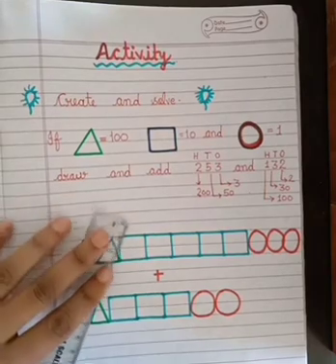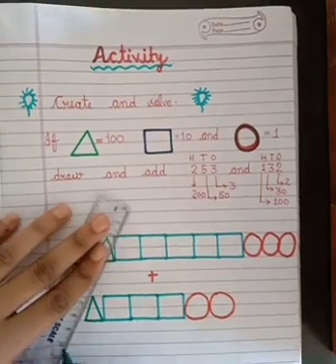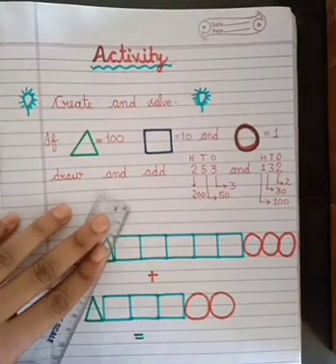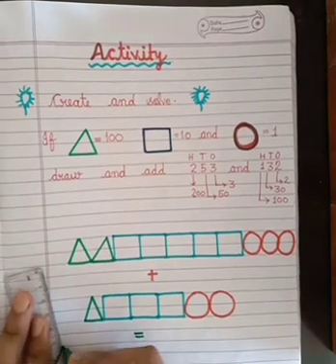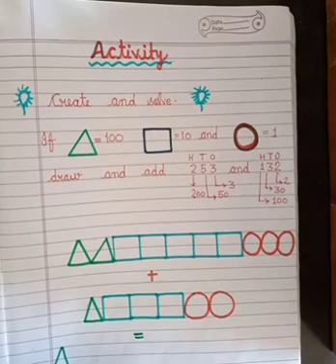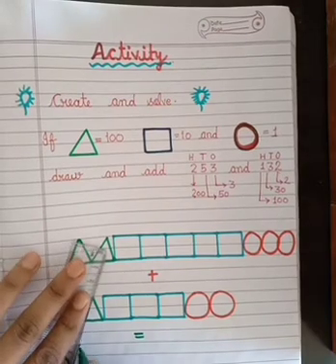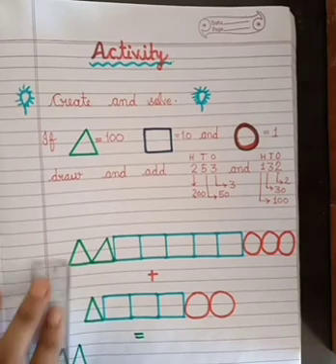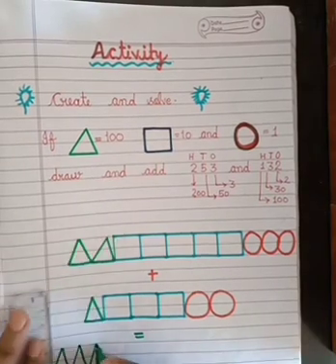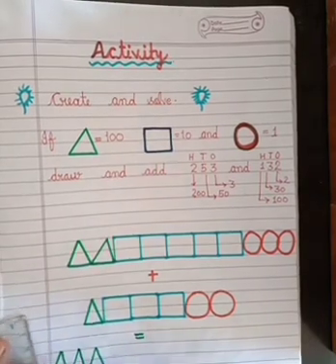So we will draw 3 triangles. 1, 2 and 3.